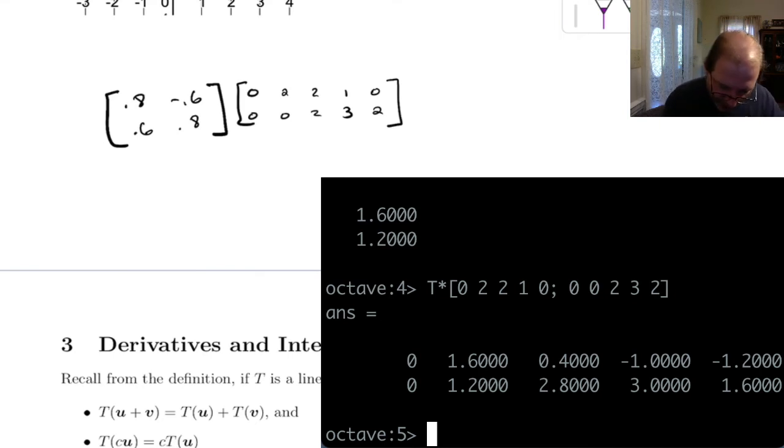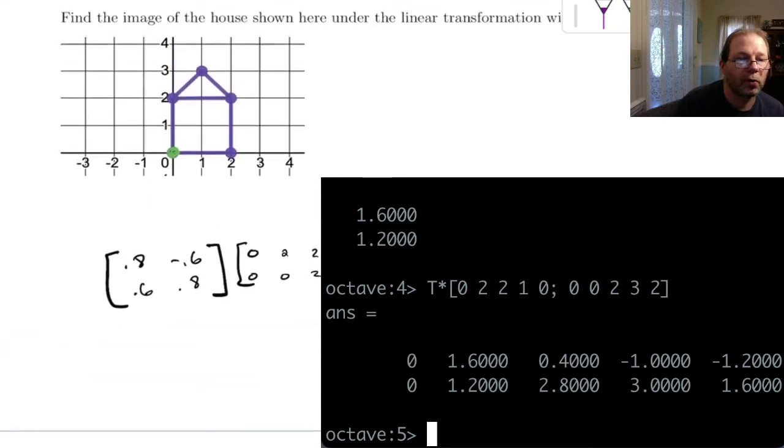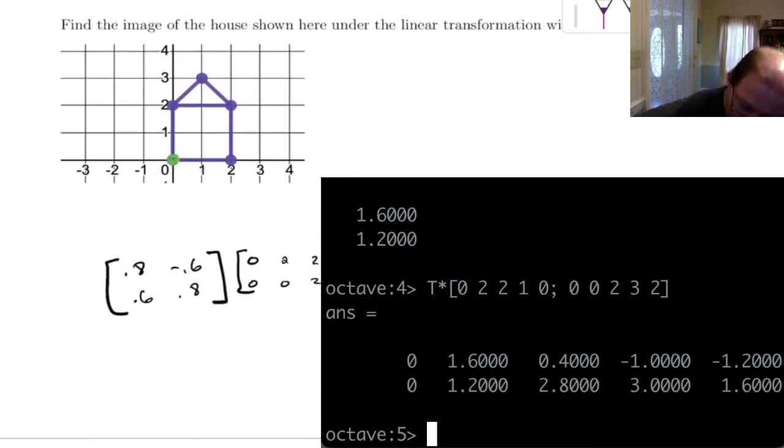So if I start plotting these, I've got 0, 0. The next up is 1.6, 1.2. So that's here-ish. And then 0.4, 2.8, which is going to be about there.